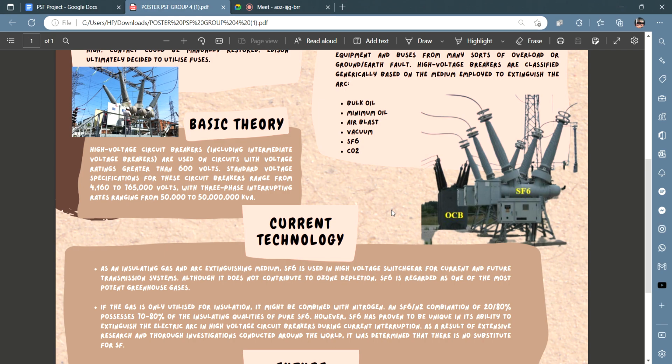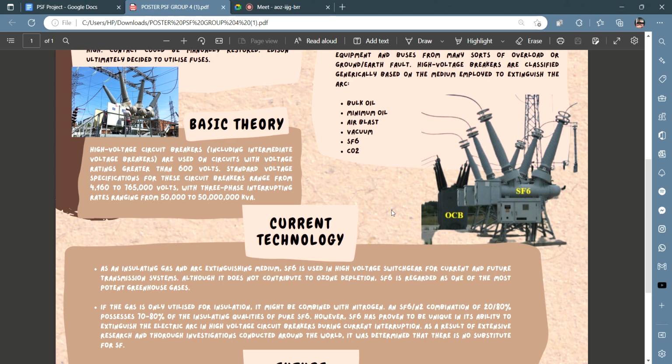The arc splits upward into the arc tube, where it is extended and fragmented into many small segments, aided by the blowout coil's magnetic field and thermal process, except that they are entirely electrically controlled. The architecture of this type of circuit breaker is identical to that of a big air circuit breaker used for low voltage application.